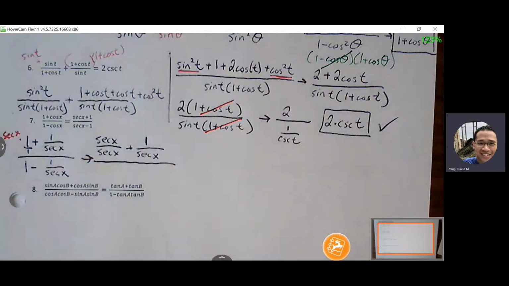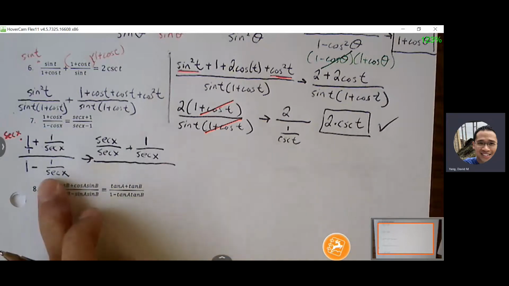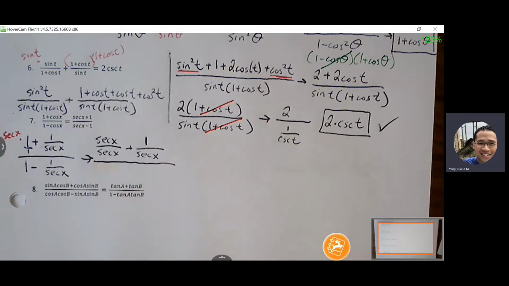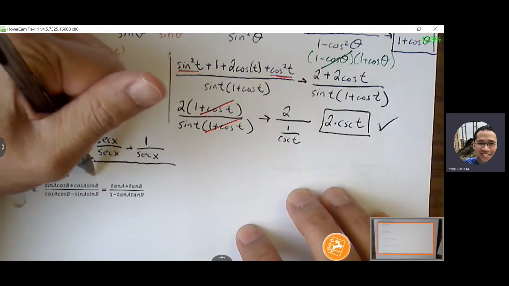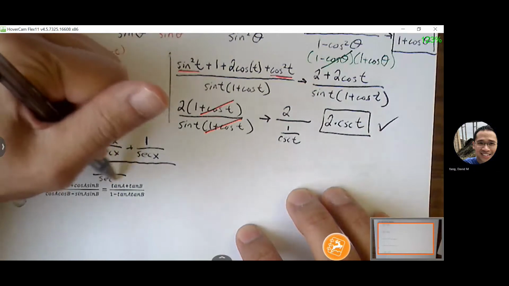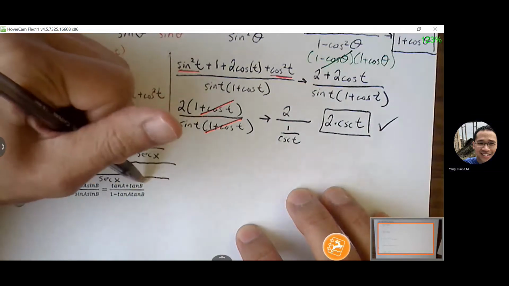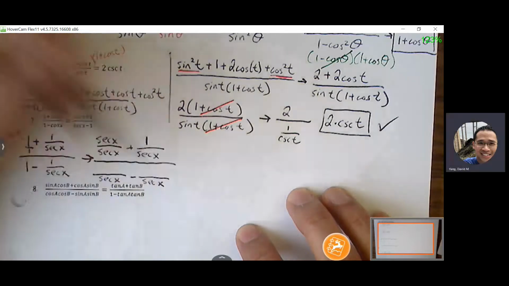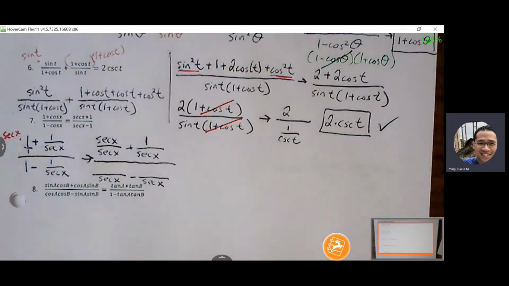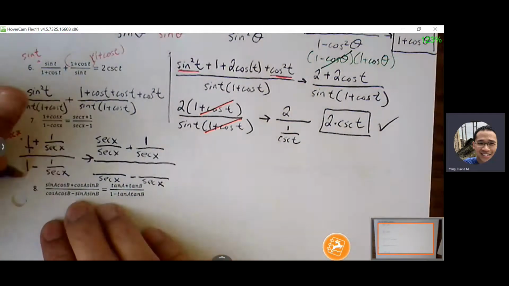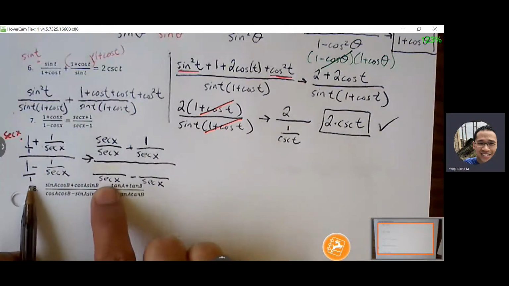Okay, at least I have common denominators. I can push those together later. This space is also sharing a common denominator of secant of x. Balancing required.